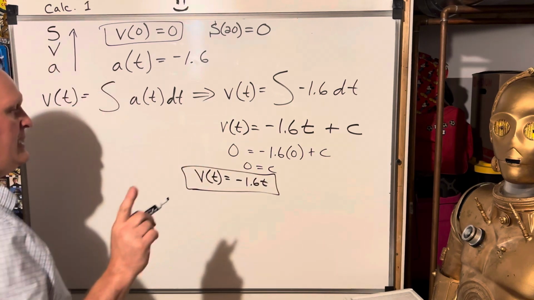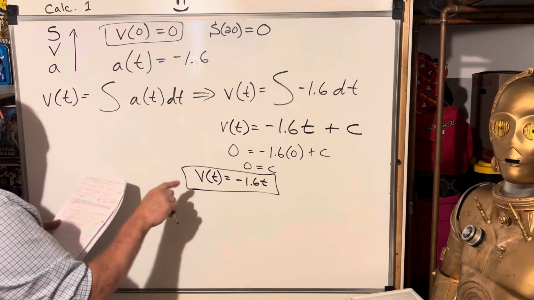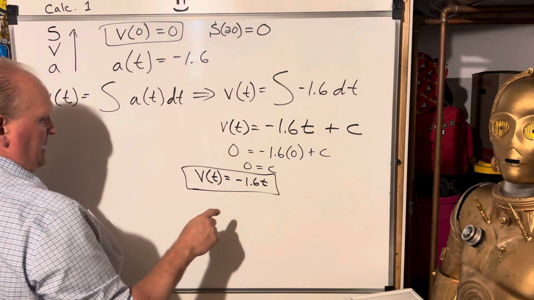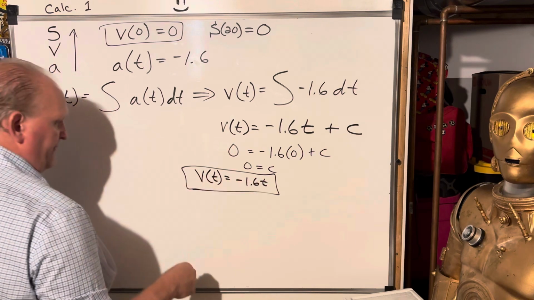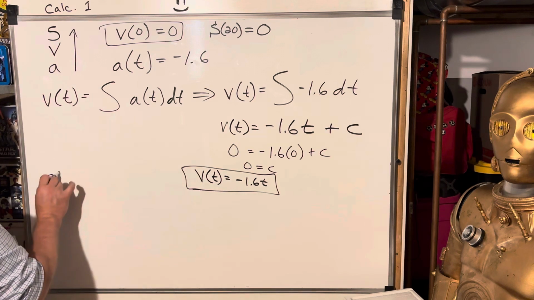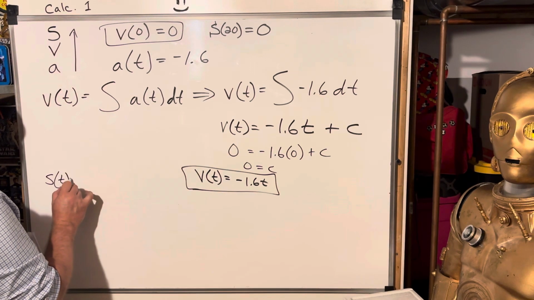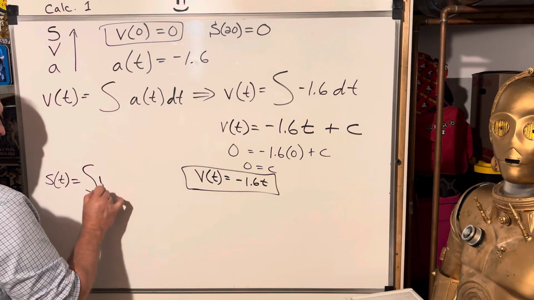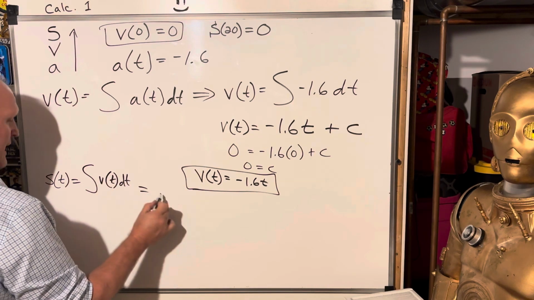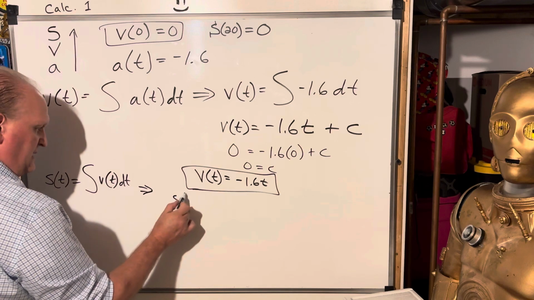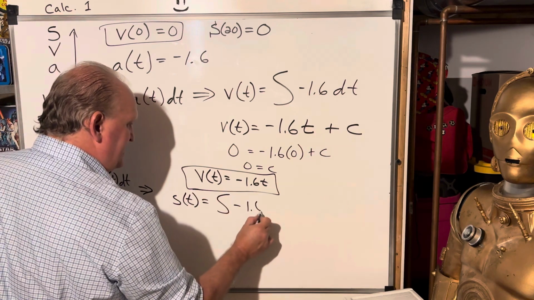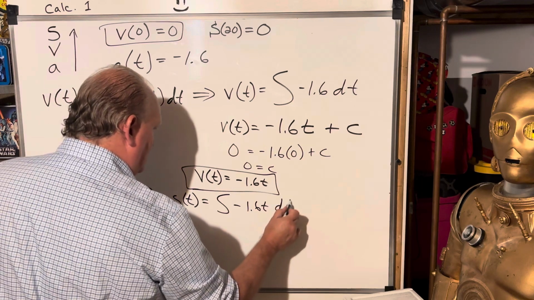All right. Now, we are going to use that eventually, but not right now, because they want to know the velocity when it hits. So we're going to put a 20 in there eventually. But just put a pin in that. We're going to do this again to find s of t. That's going to equal the integral of the velocity of t dt. And so that means s of t is equal to the integral of negative 1.6 t dt.